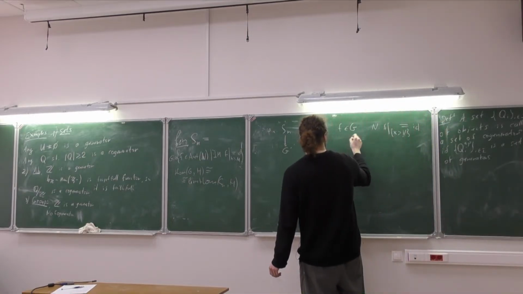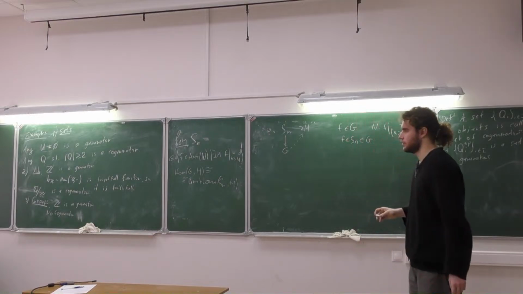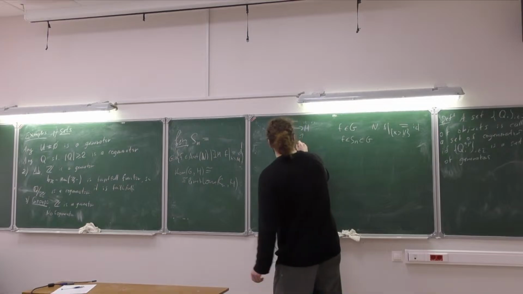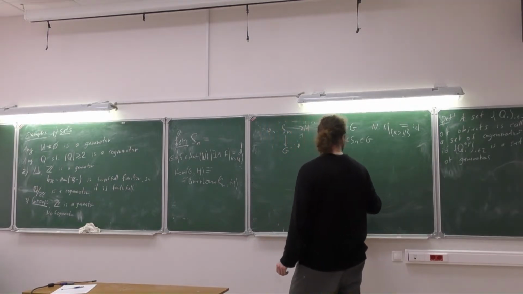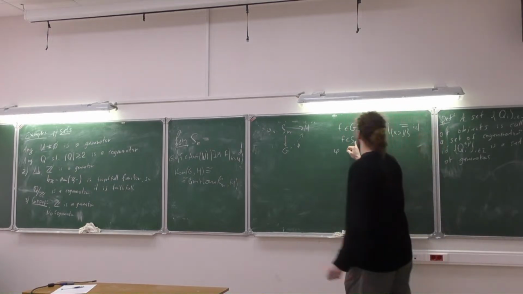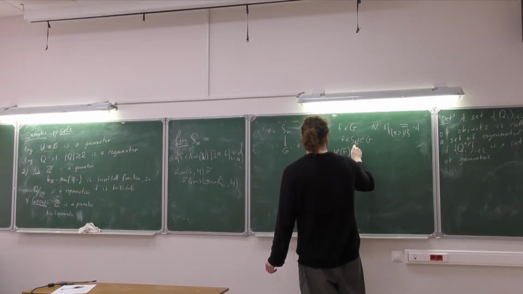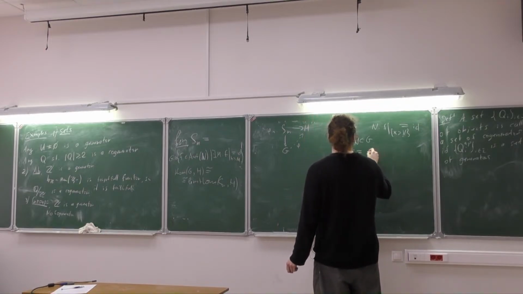Then I could say that f lies in S_n if we embed it as a subgroup of G. So then I need to construct such phi. Yes, you're right, it's capital N. Then I define phi of f as phi_n of f.